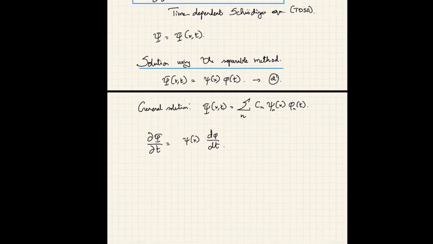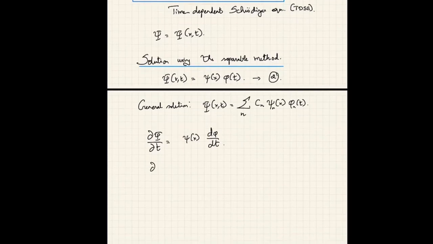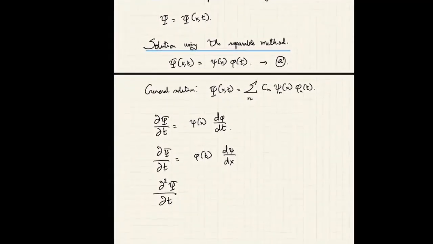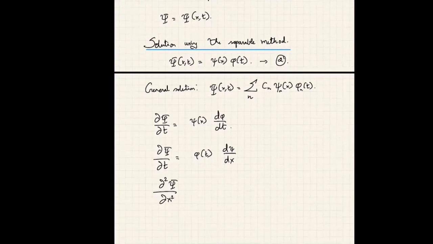It has nothing about space. Similarly, d psi dx would be phi of t times d psi dx. And d square psi over dx square would be again phi of t times d square psi over dx square.